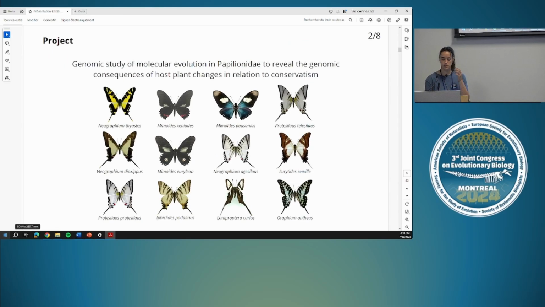The idea is to carry out a genomic study of molecular evolution in Papilionidae in order to reveal the genomic consequences of host plant changes in relation to conservatism.